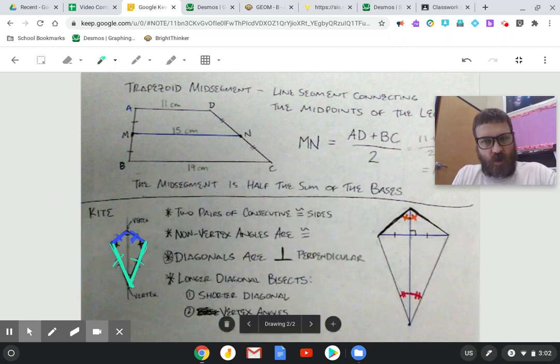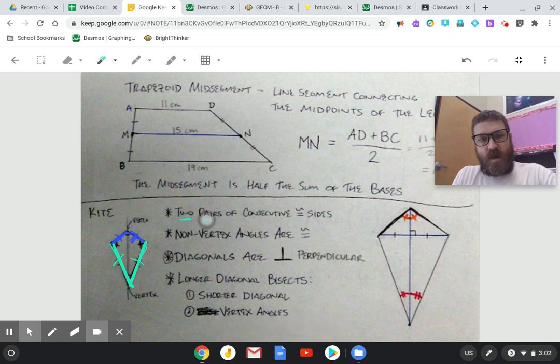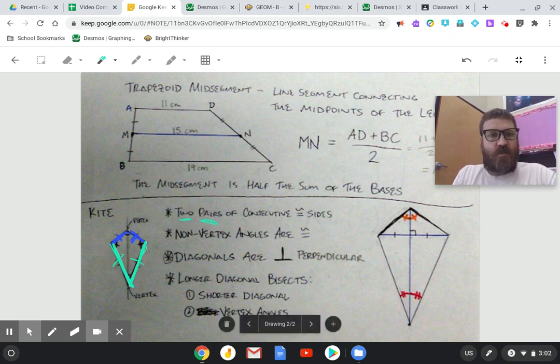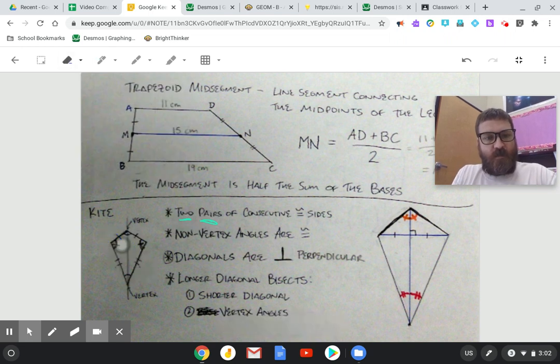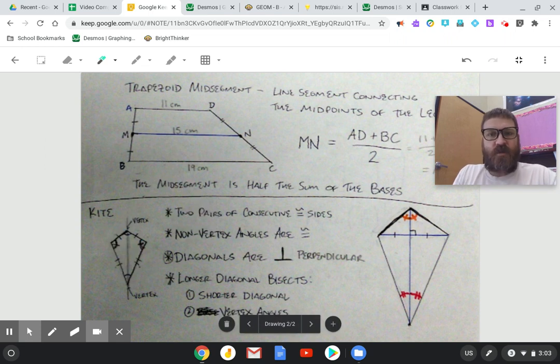So we have this dark blue and this turquoise as the two pairs of consecutive congruent sides. Remember, consecutive means they're next to each other. So that's what we're talking about when we say that. That is the defining characteristic of a kite. They have these two pairs of consecutive congruent sides.